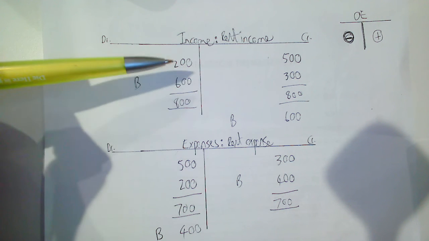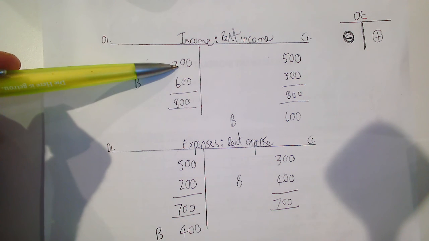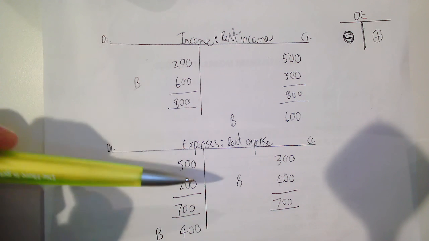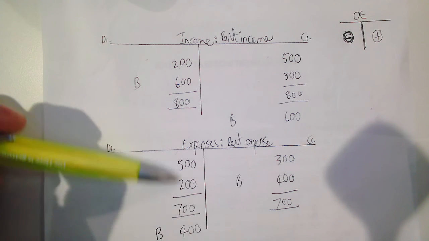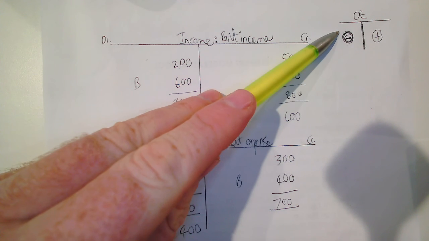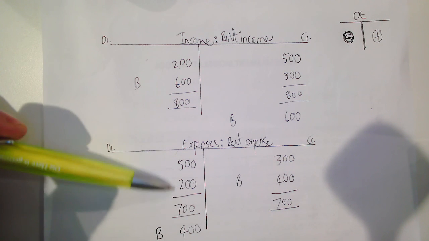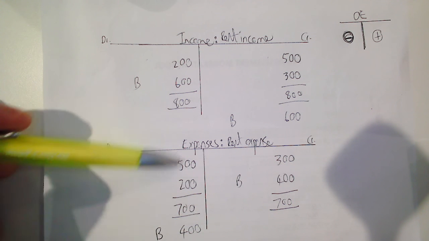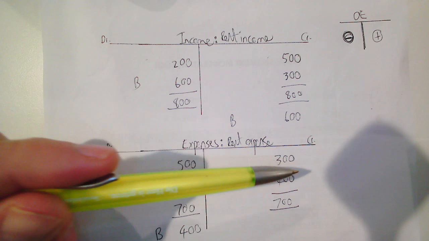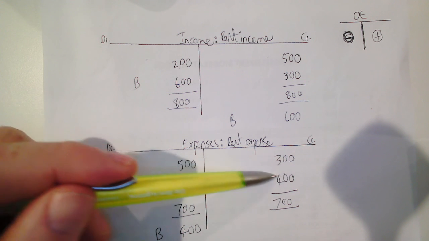If I want to decrease it, I put an amount on the other side, which is the debit side. Expenses normally have a debit balance, according to the owner's equity rule. So I increase on the same side, and if I want to decrease the expenses, I will have to put an amount on the other side.